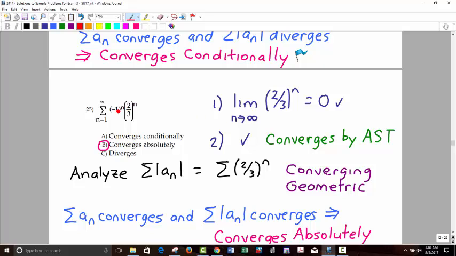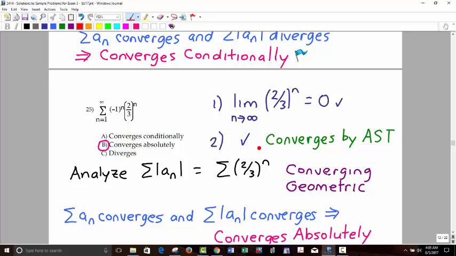So let's take a look at this one. The negative 1 to the n, of course, makes it alternating. If you did the alternating series test, that limit's going to go to 0, the 2/3 to the n, and then the terms would decrease.